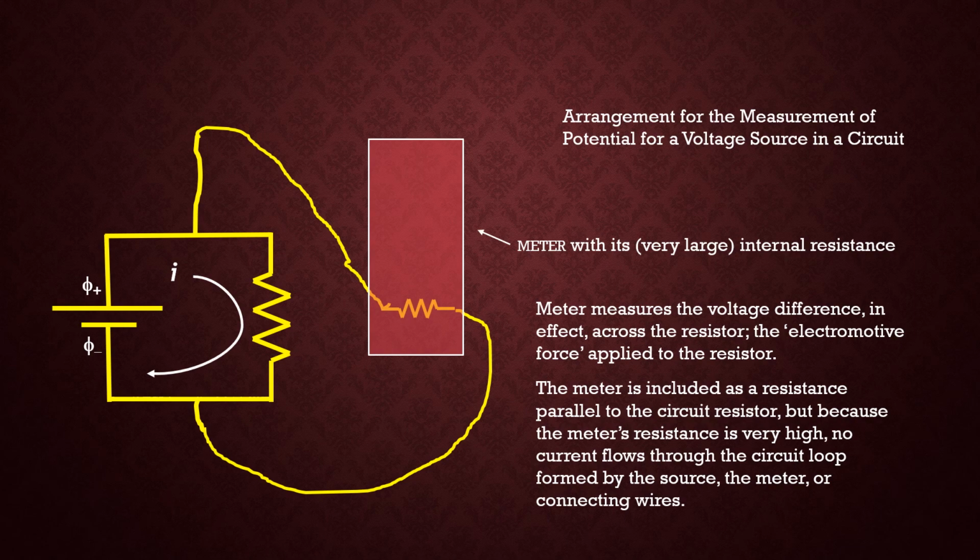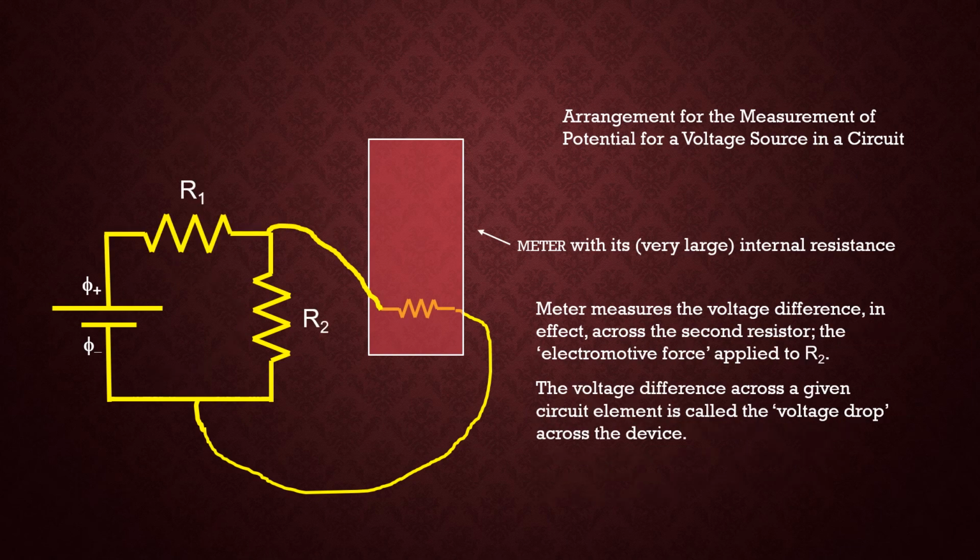So I'm essentially measuring the voltage between the top horizontal conductor and the bottom horizontal conductor. The meter is in effect inserted in parallel to the actual current direction. So no current runs through the meter still, but it does act on the circuit. We'll talk about this in a little more detail.